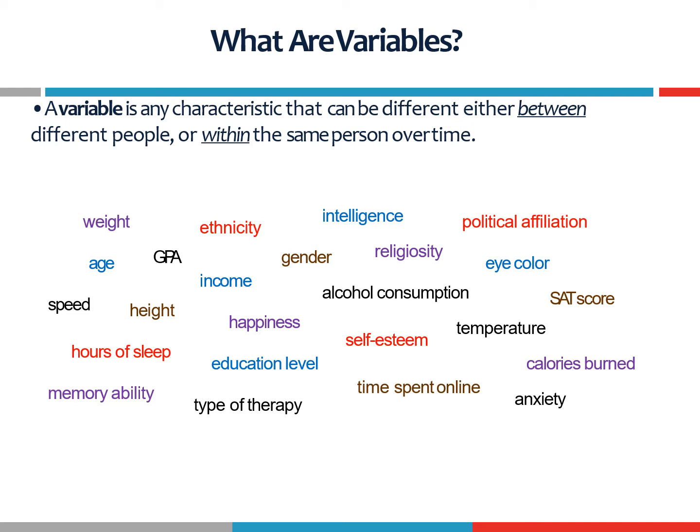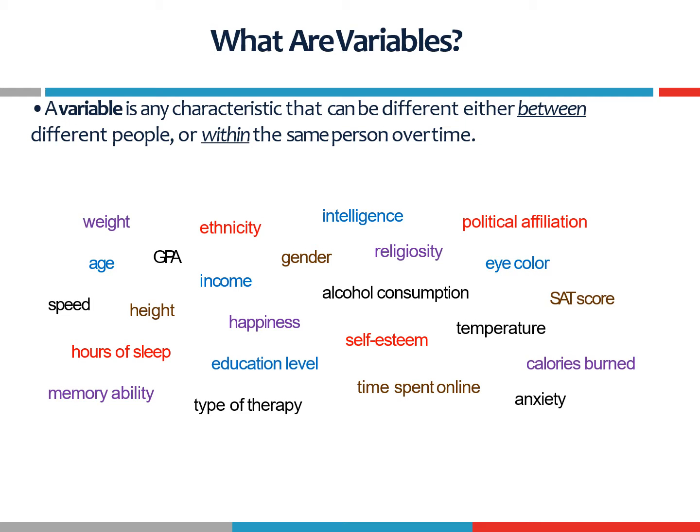So for example, we could talk about a variable of gender and say that one group of people are male and another group of people are female, and we're comparing potential differences between those two groups.